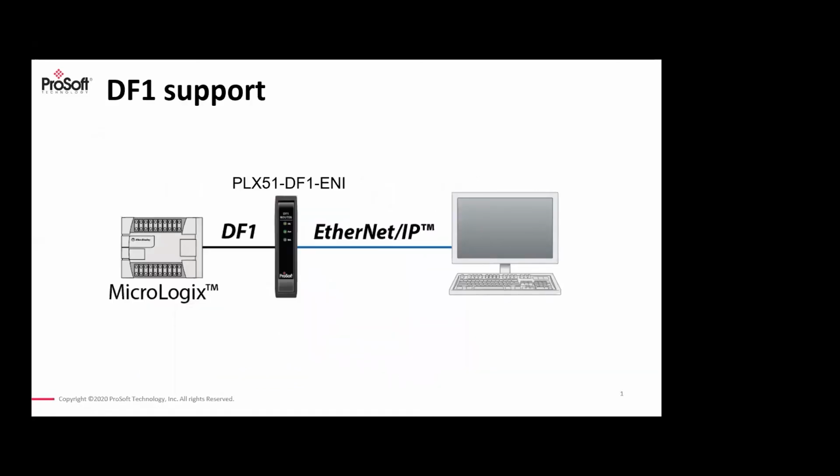You can connect an Ethernet machine to a DF1 controller to upload and download configuration and go online with your controller via Ethernet. This allows you to make a DF1 controller part of the Ethernet network.